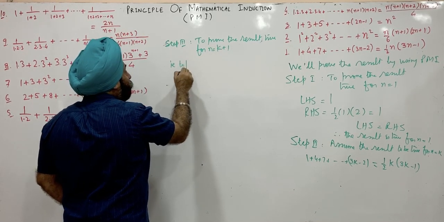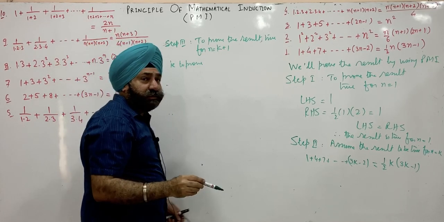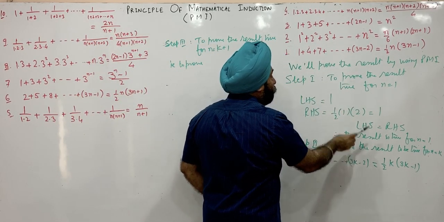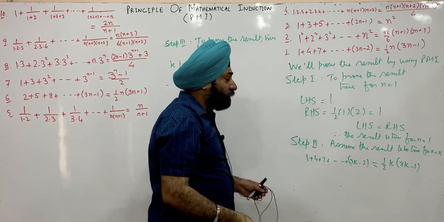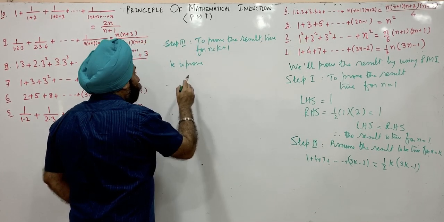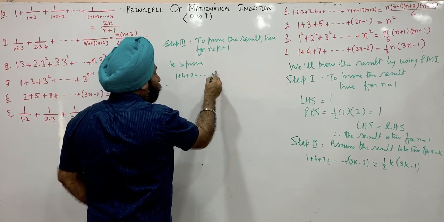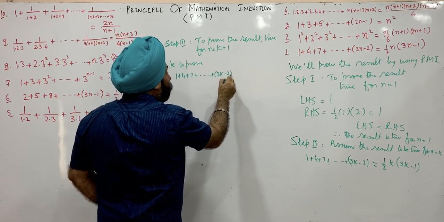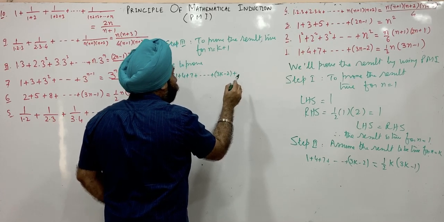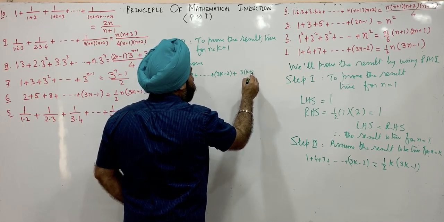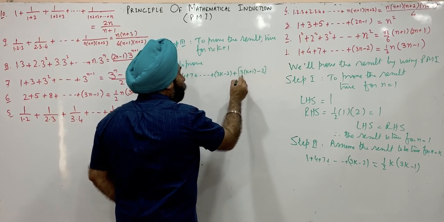That is to prove. So what we have to prove here is that if there are now k plus 1 terms, this is k terms, if there are k plus 1 terms, then what do we prove? 1 plus 4 plus 7 and so on, 3k minus 2 plus, now replace k by k plus 1, 3 into k plus 1 minus 2, the next term.